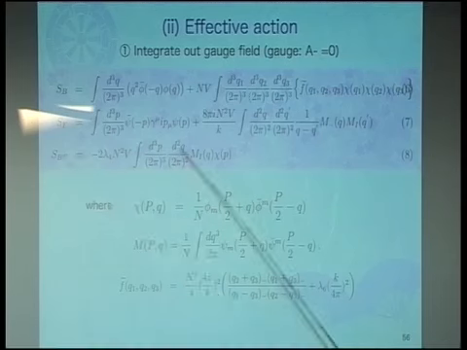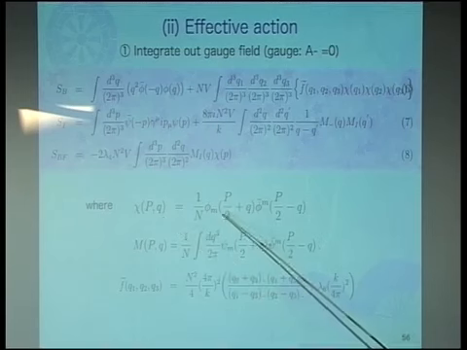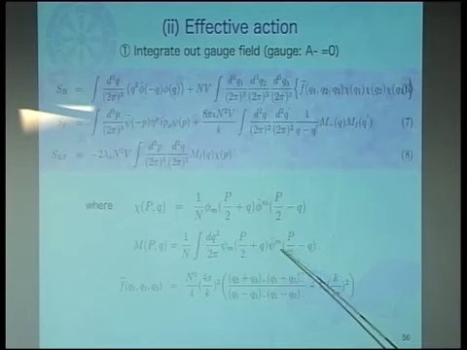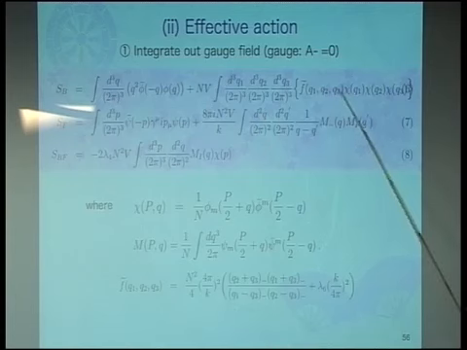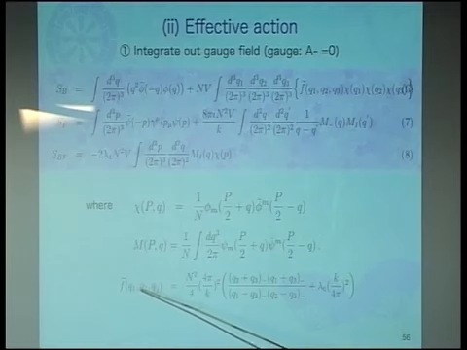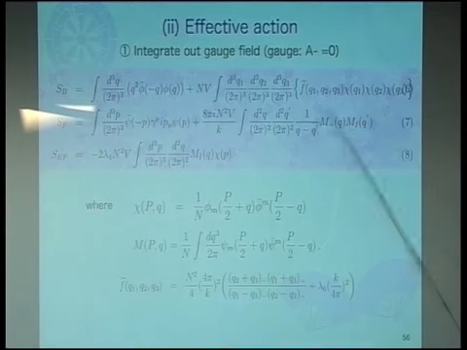Here there is a mixing term like this. Here chi is phi bar phi, and m is psi bar psi. And this F tilde is a coefficient, and these are not symmetric under these variables.